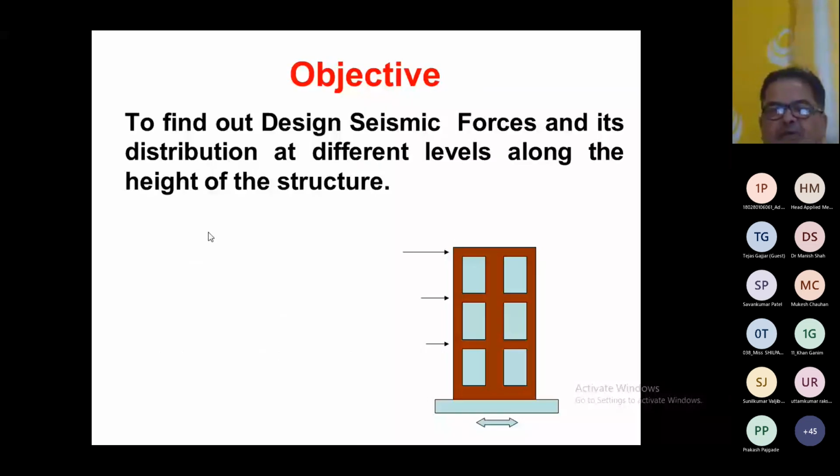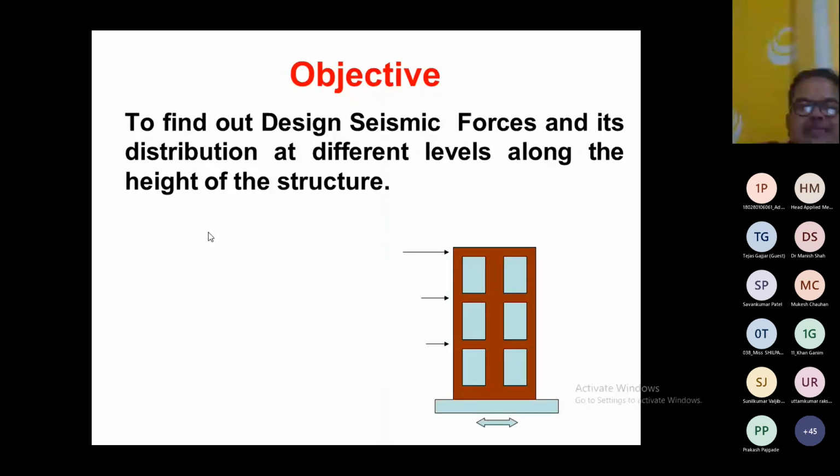Now, what is the objective? The objective is to find out the design seismic force and its distribution at different levels along the height of the structure. Because our building may be a single story, it may be a 3 story, a 10 story, or a 20 story, right? It depends.